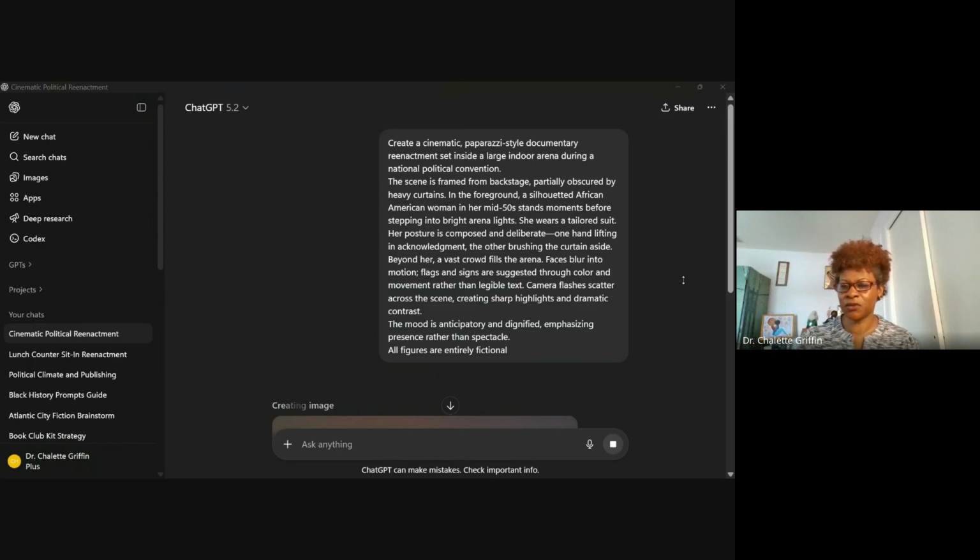The little Google Meet thing is in the way. It's just so important to have all six of those pieces together in your framework so you can create the best image you can without violating GPT guidelines.